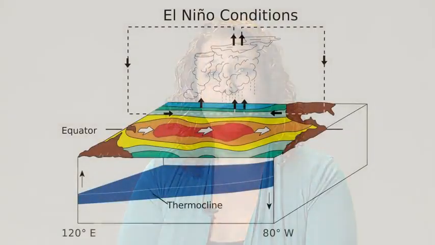It seems unbalanced, I know, and actually the surface of the water is literally higher in the Western Pacific than it is in the Eastern Pacific, but only by a very small amount. Remember, all the maps you see have exaggerated scales if you're looking at the width of the ocean versus the depth of the ocean. So what happens when those winds get a little bit weaker than usual, or even reverse?